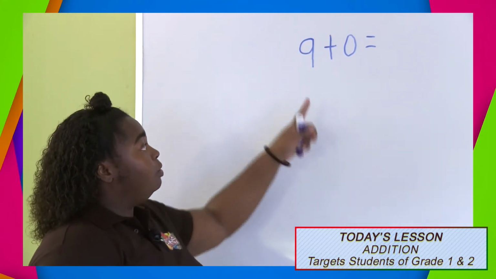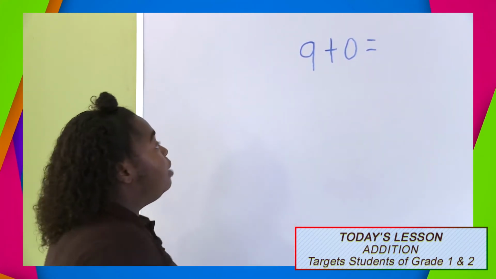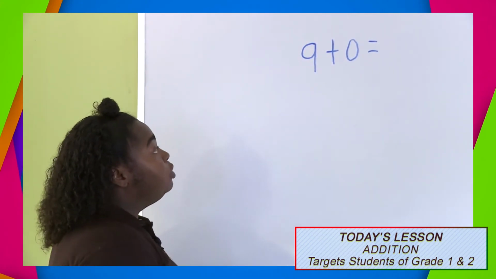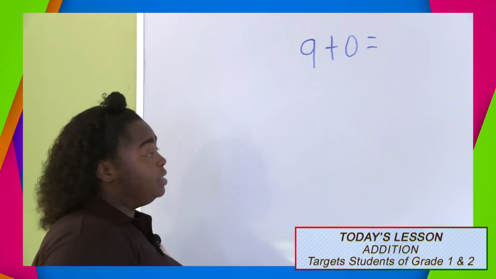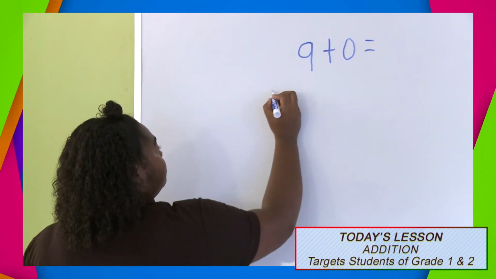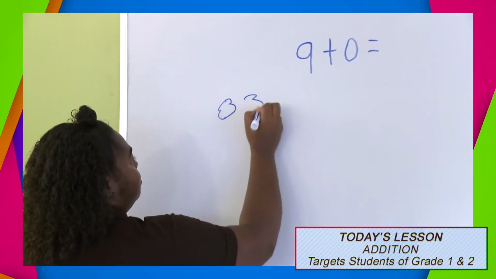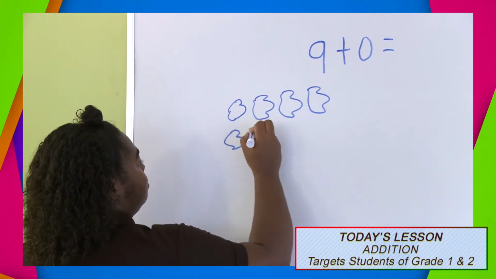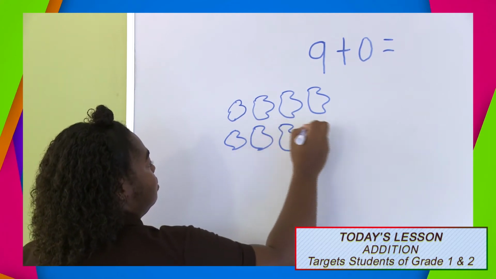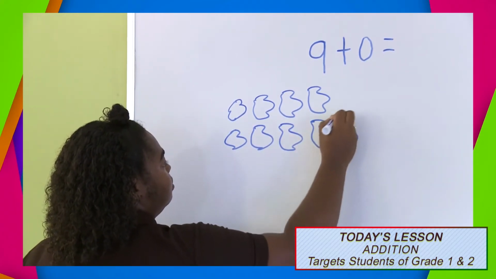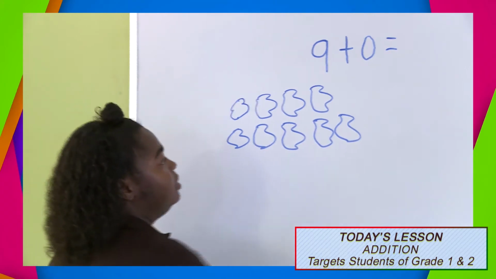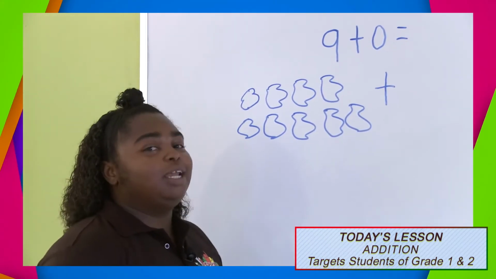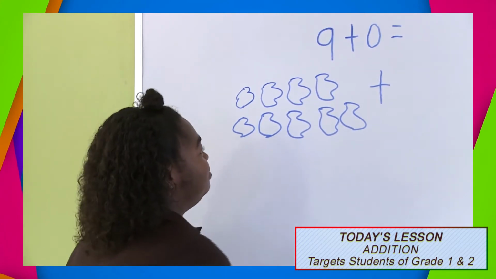We will start with the 9. Now, I want you to choose any shape or any object that you would like to represent your 9. I have 9. Now I need to represent 0. So choose shapes to represent your 0.